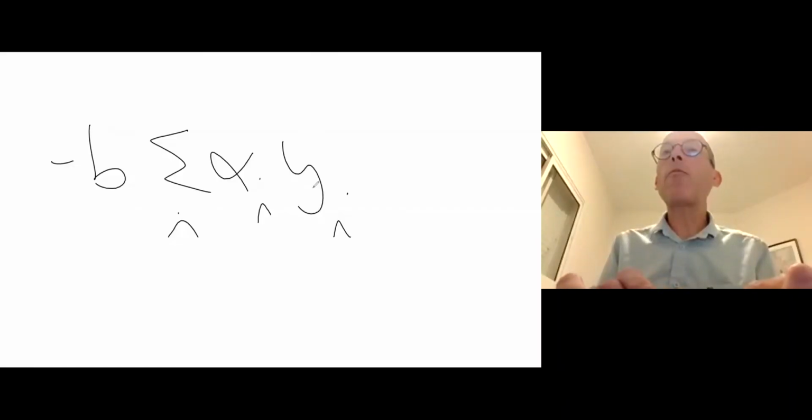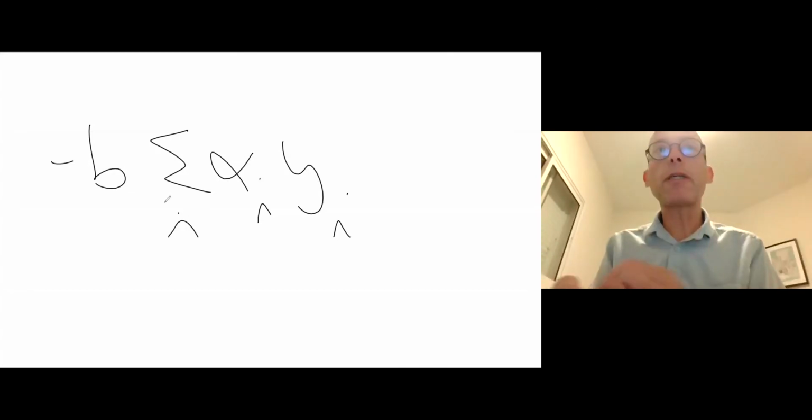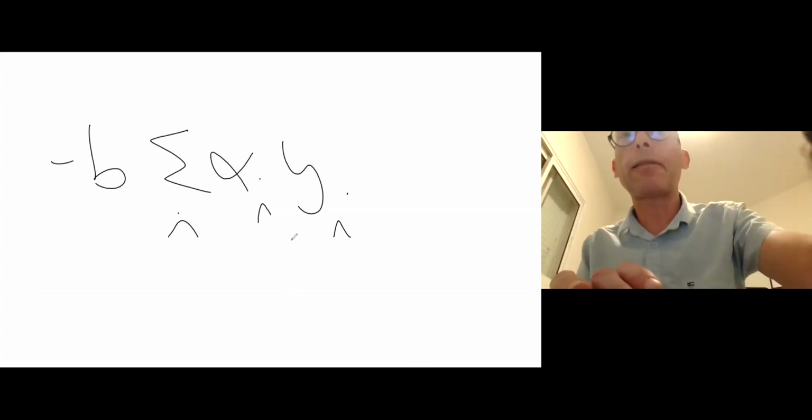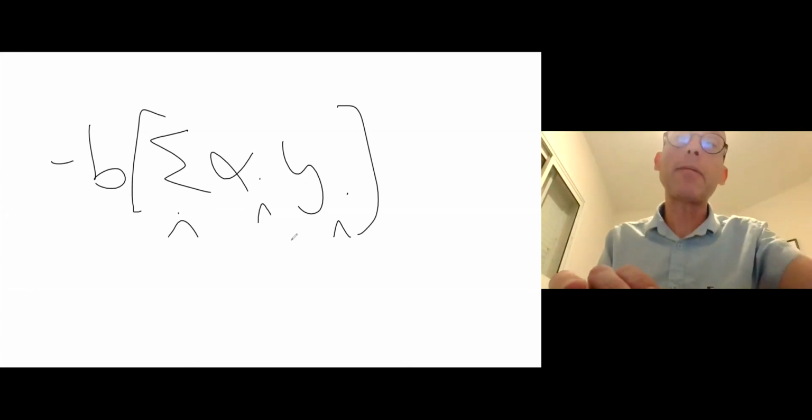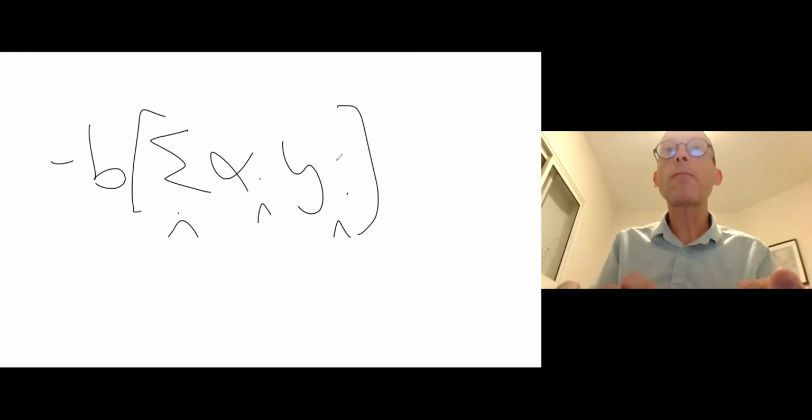That term disappears. Why does it disappear? Because it's 0, exactly, right. Very good. We already said that the sum over i of alpha_i y_i, after we took the derivative, is 0. So minus b times 0 is 0. So this goes.